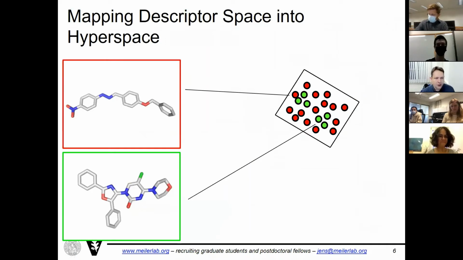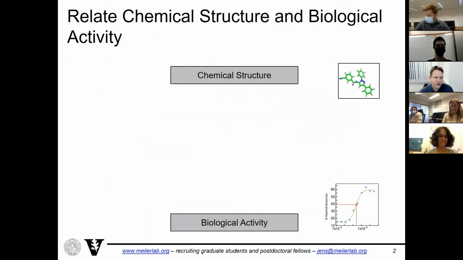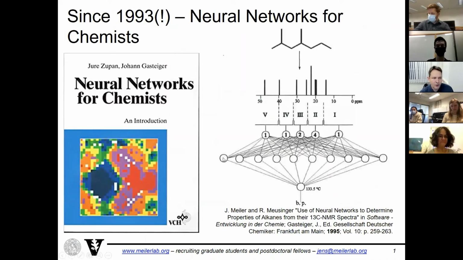Just to reiterate, why are neural networks so good for drug discovery? Many of you will know this, but just to explain what this hidden layer does. In this case, we have 5 inputs and 10 hidden neurons. So all spectra, all input is translated into a 10-dimensional space.